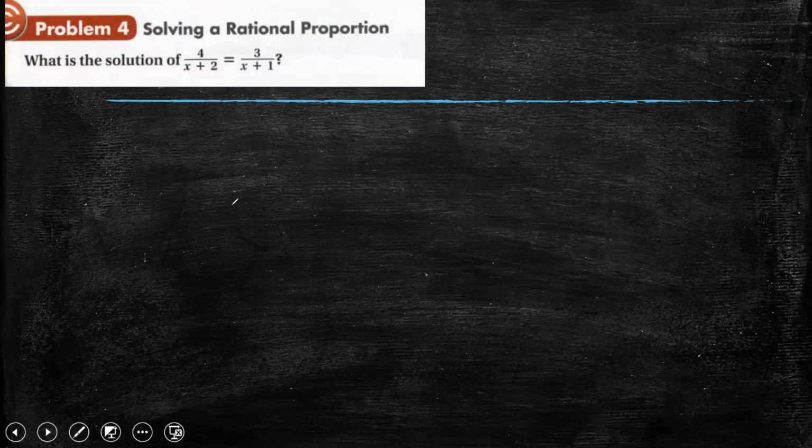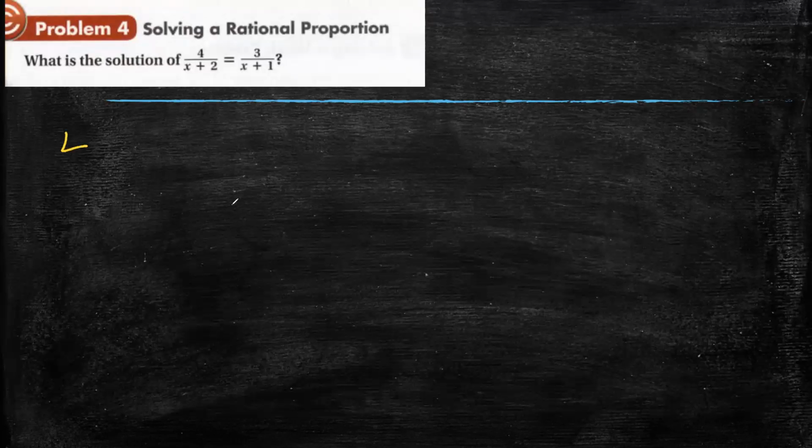If we have an expression equal to an expression, such as 4 over x plus 2 equals 3 over x plus 1, you have an expression on one hand and another expression on the other hand, so you have to solve it as a rational proportion.